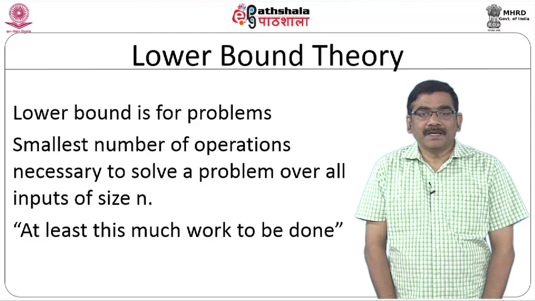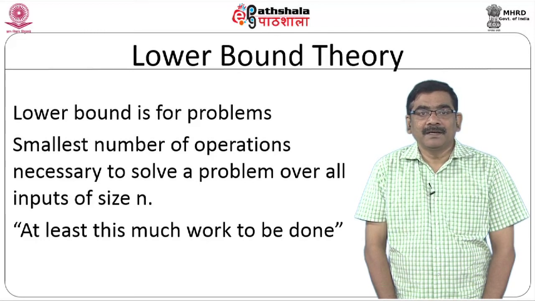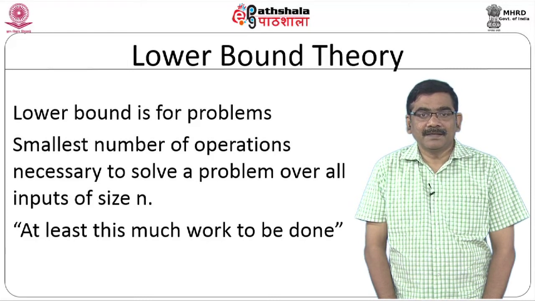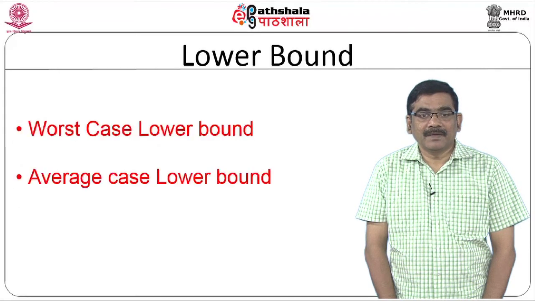In other words, informally we can say that lower bound represents at least this much work needs to be done in order to carry out the operation for the given problem. At most informally refers to upper bound, at least refers to the lower bound of the given problem.